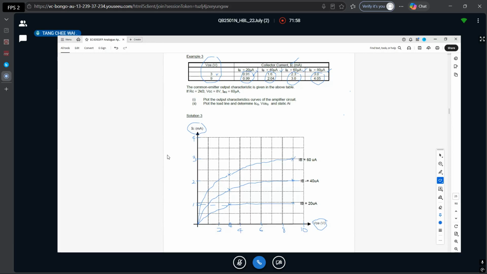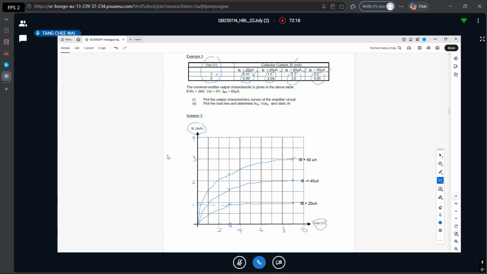Okay, I repeat. Can all of you understand how I get the first point on the graph here, which is coming from here? I'm looking at the IB equals to 20 microamp.